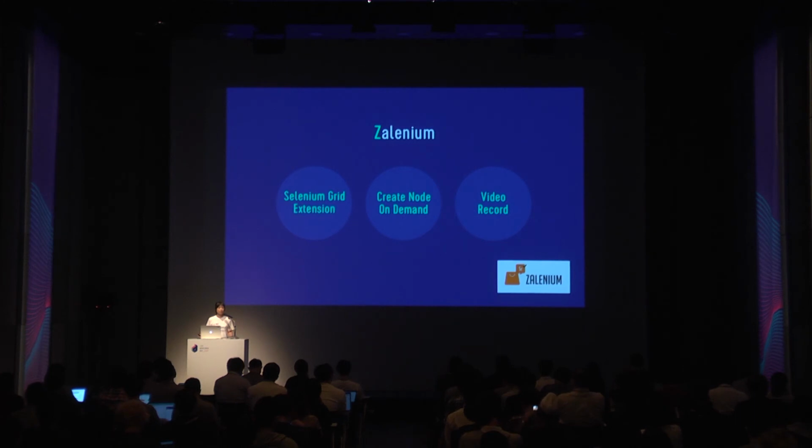What's so great about it is you don't have to create node containers with a fixed number. The hub will create node containers on demand and destroy them after the test finishes. It also supports video recording and integrates with cloud testing providers, such as the Sauce Labs service.